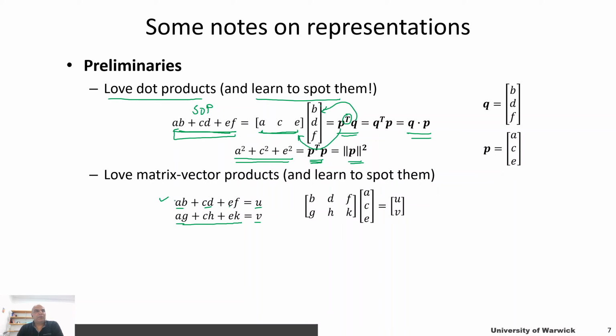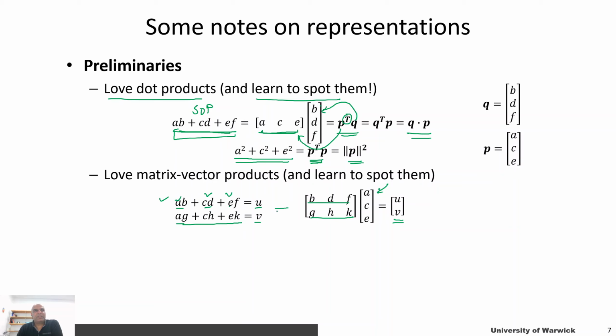But if you look closely, A, C, and E are being repeated in both of these equations, and we've all done this in high school or something. What this means is that there's a single vector being multiplied by two other vectors, which I put in this matrix. And I can write the right-hand side as a vector as well.